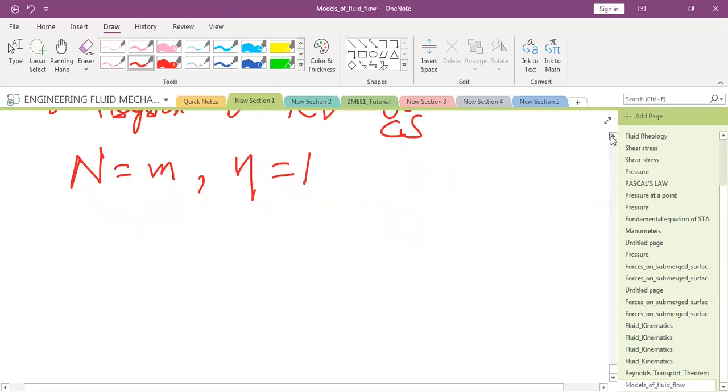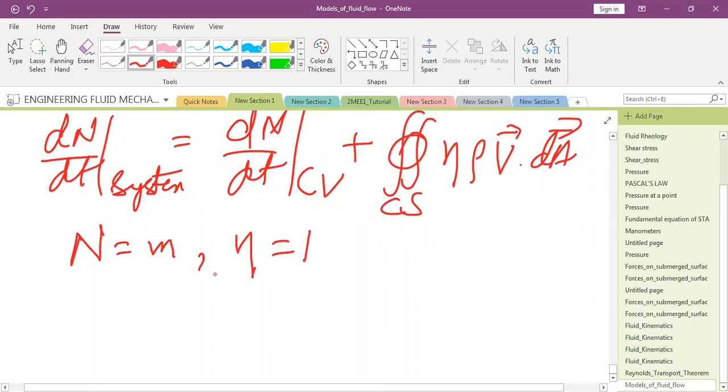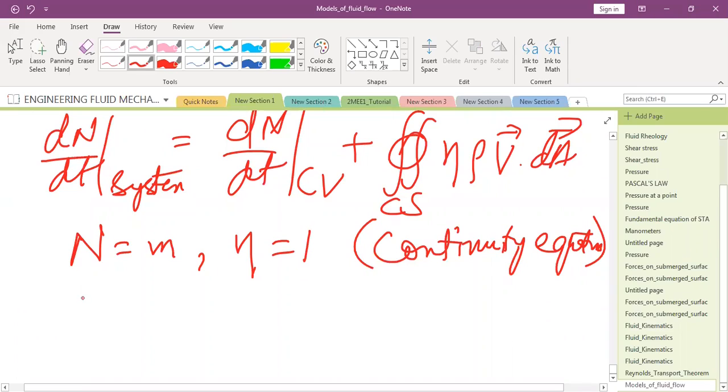What do I get? This becomes which equation? Continuity equation.